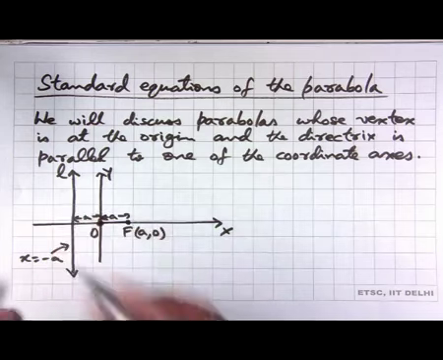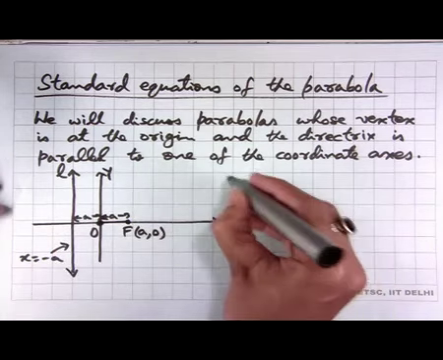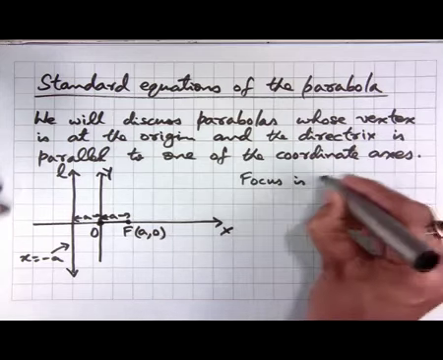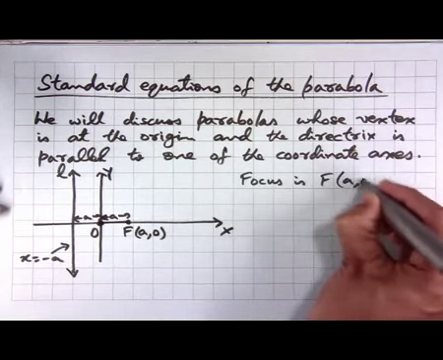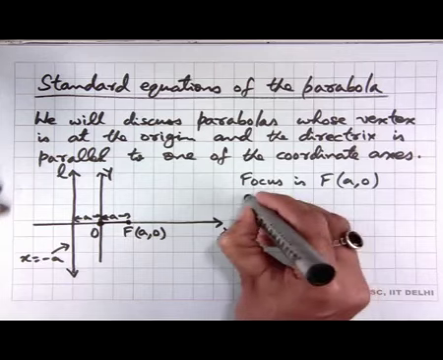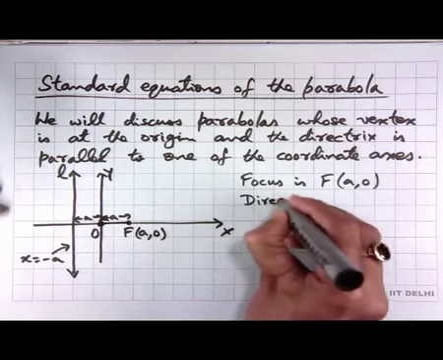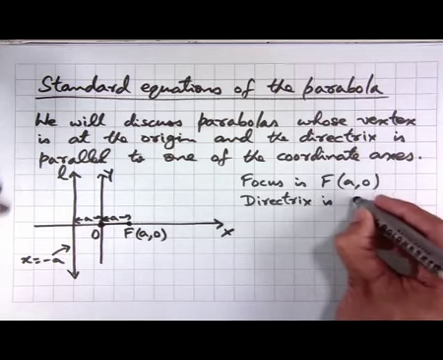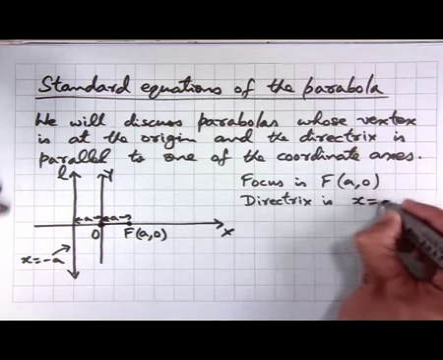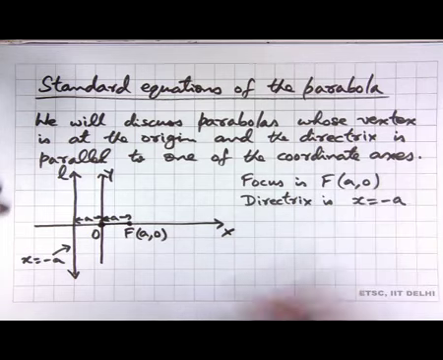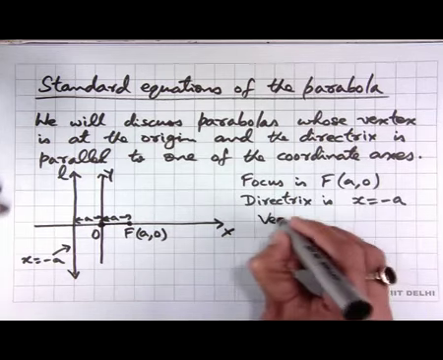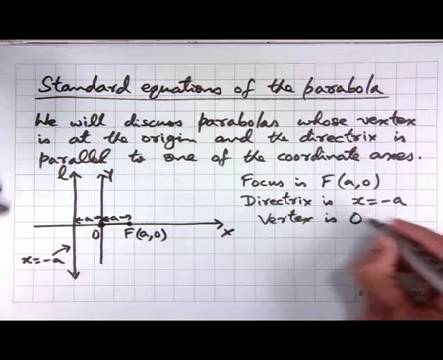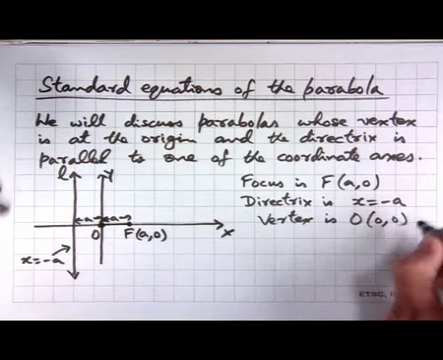So, this is the case where my focus is F a comma 0, directrix is the line x equal to minus a, and vertex in this case is the origin 0 0.